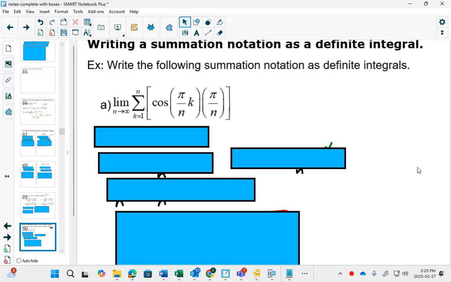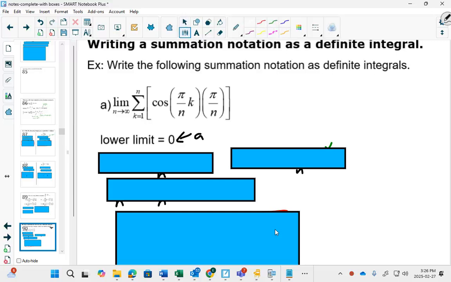So here's our sum. We have to figure out what our lower limit would be. Normally, we're supposed to look for an f of x times a change in x. That's the kind of idea that we're looking for, right?